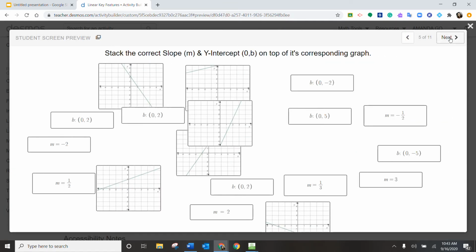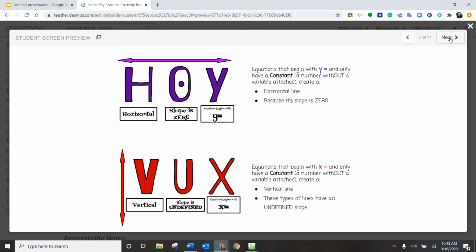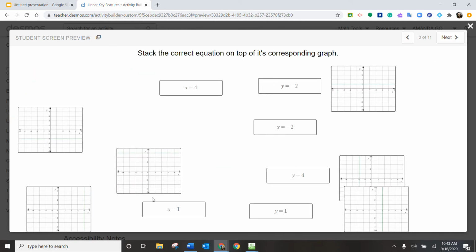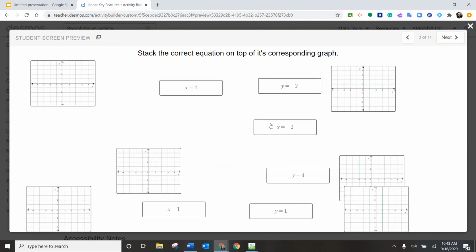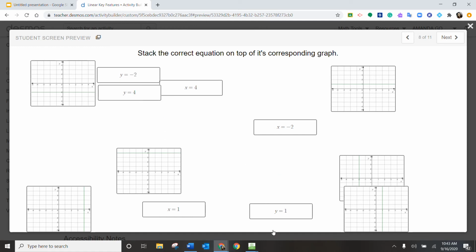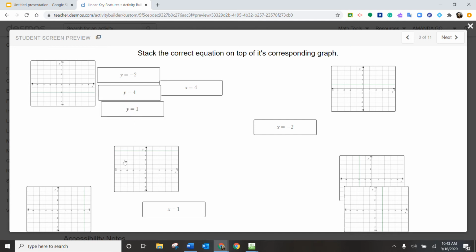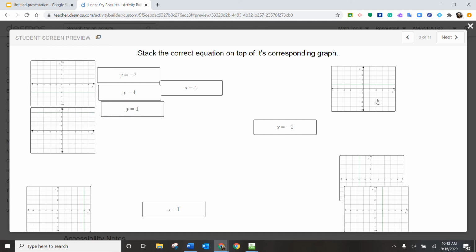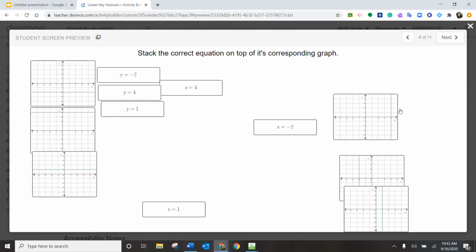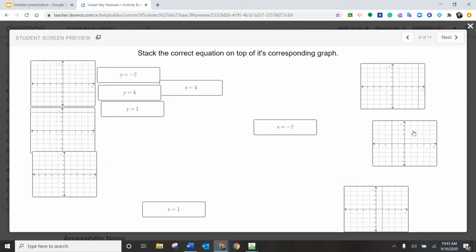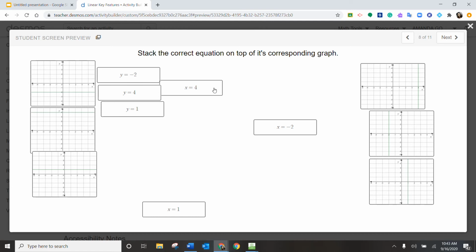If I have a horizontal line, I know that it must be one of these y equals equations. If I have a vertical line, it must be one of these x equals equations.